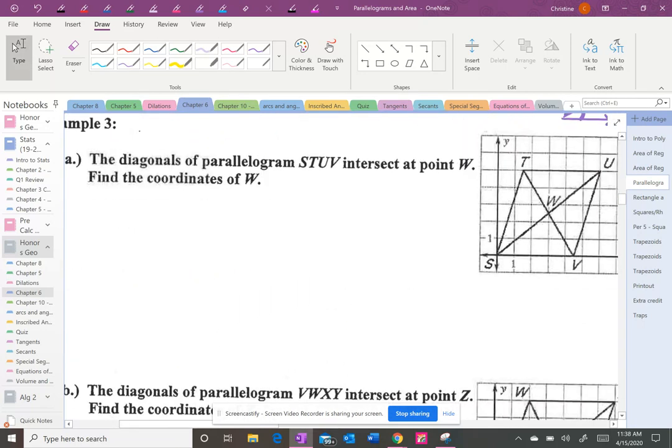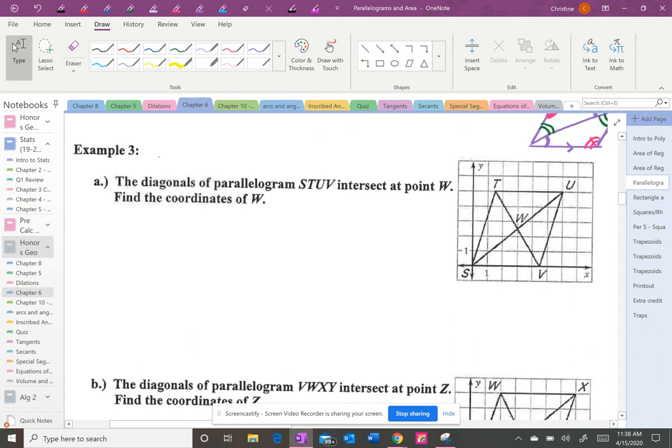All right. So the diagonals intersect at point W, and it wants you to find the coordinates. Now, I know we're on a coordinate plane, so we could just count, but since they bisect each other, remember there's a formula we can use to find the middle point of a segment since it's bisected. Remember, it's the midpoint formula. So it doesn't matter which one you do. If you find the midpoint here from SU, S is at 0, 0, U is at, what is that? 1, 2, 3, 4, 5, 6. 1, 2, 3, 4, 5.